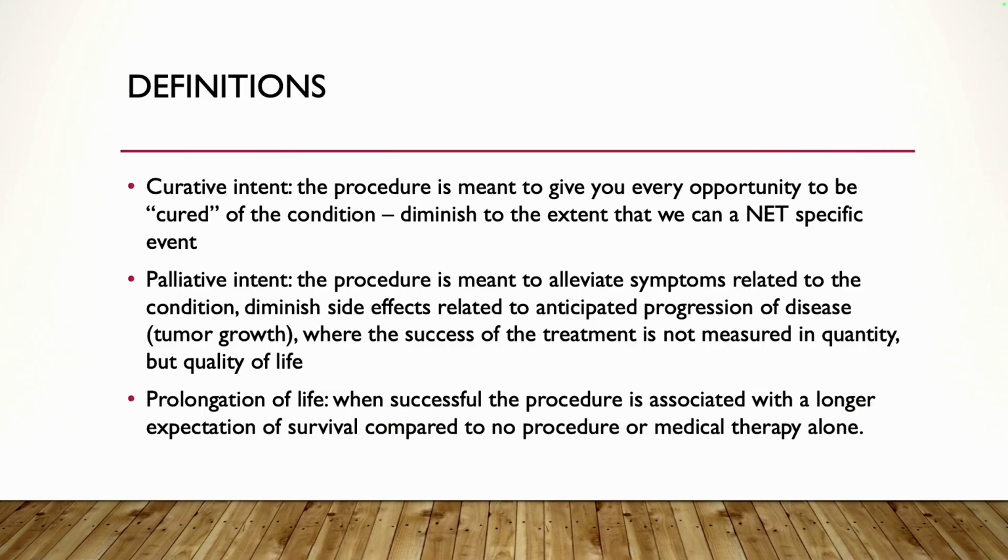So prolongation of life, which is a lot of what we do in cancer with chemotherapy and radiation therapy, is when there is evidence to suggest that taking a certain treatment strategy, be that with surgery or liver-directed therapies or chemotherapy or PRRT, means that you are expected to live longer if we were to take that path than if we take a different path or don't take any path at all.